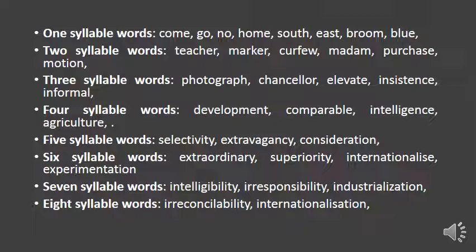I didn't pronounce it differently, it is just calm. That is why it's one syllable. Go, no, and so on. In two-syllable words we have words like teacher. Here we have two syllables, that is, tea and then cher, mama, care, and so on.